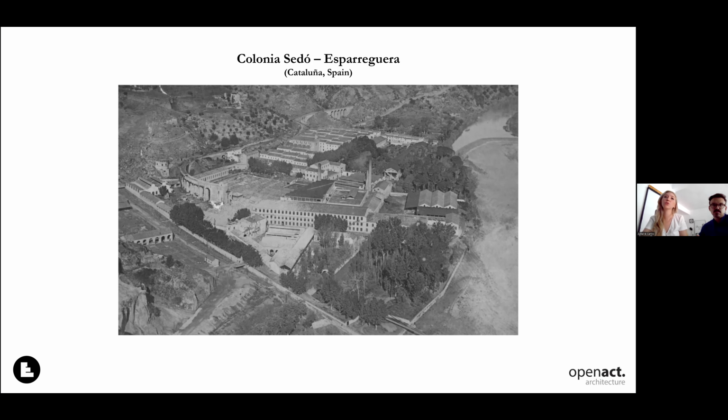And here you are seeing a huge river running right next to it.